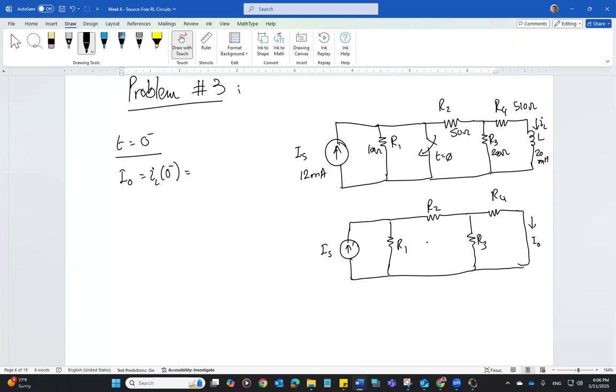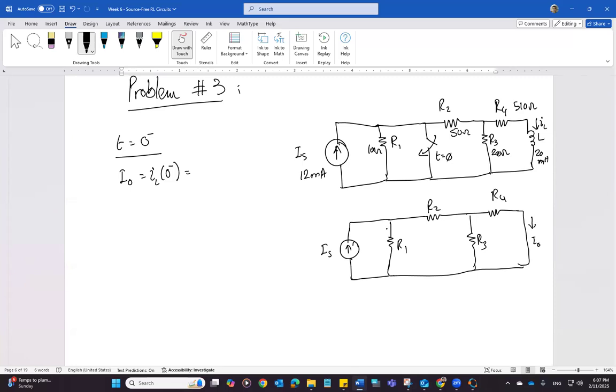Let's see if I do combination of resistors. R4, R3 are in parallel with each other, in series with R2. Then I can find out how much current is going through the equivalent resistance. Actually, I don't really have to do that. R4 and R3 are in parallel with each other.